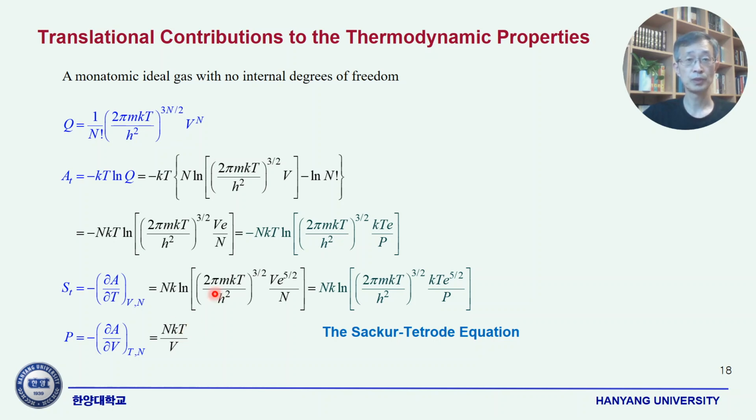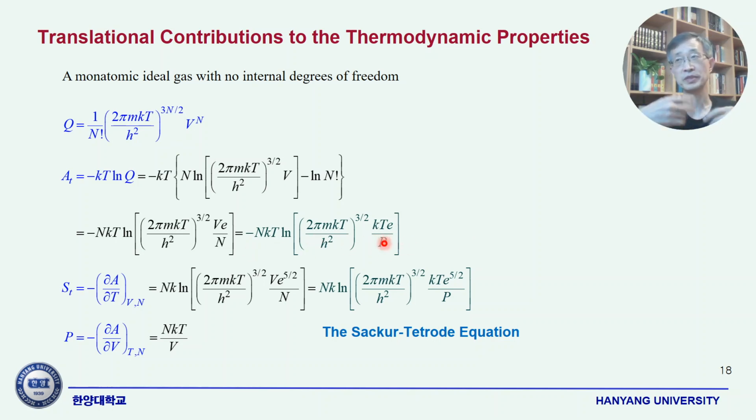So instead of V over N here, we use kT over P. N over V is P over kT, so V over N is kT over P. So that's how we obtain this.